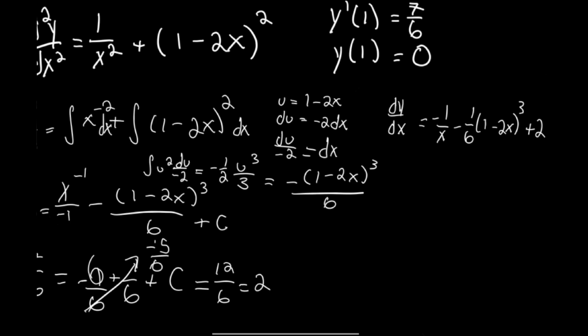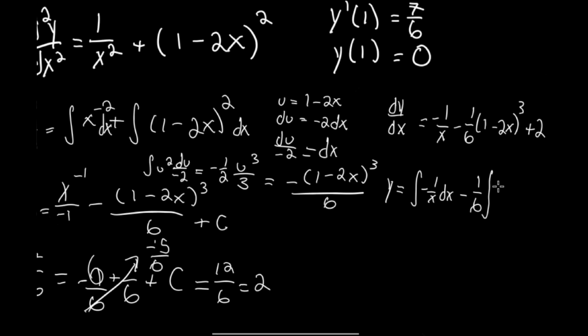So we have to find the integral of this value again. So we know that when we antiderive dy over dx, we're left with y. So y is equal to the integral of negative 1 over x dx minus 1 over 6. Remember, I'm just taking this out of the integral because it's multiplication.